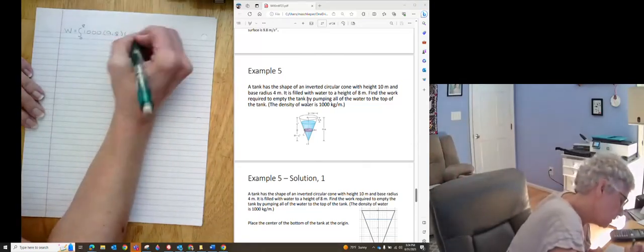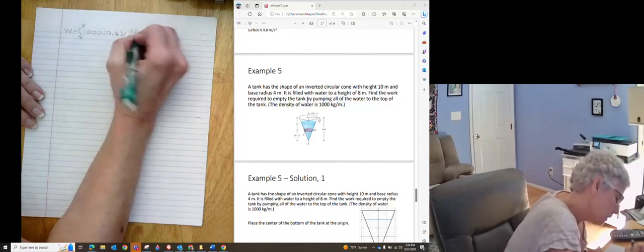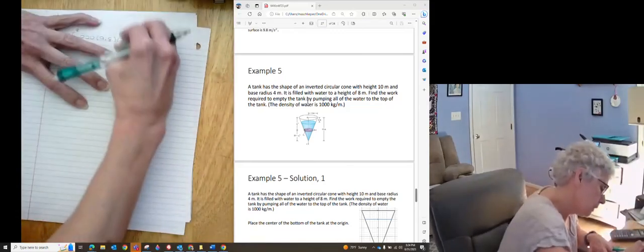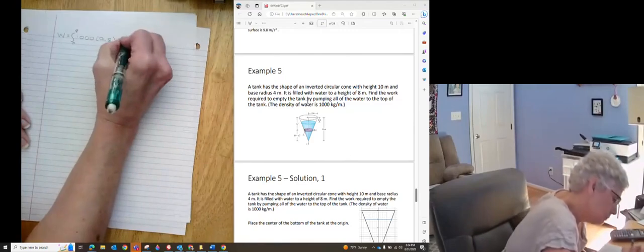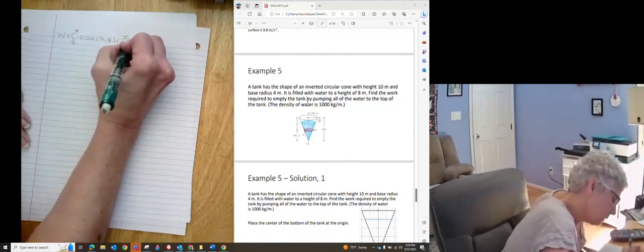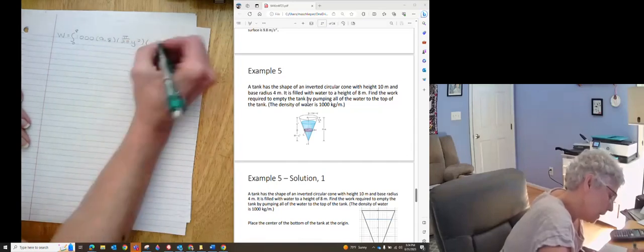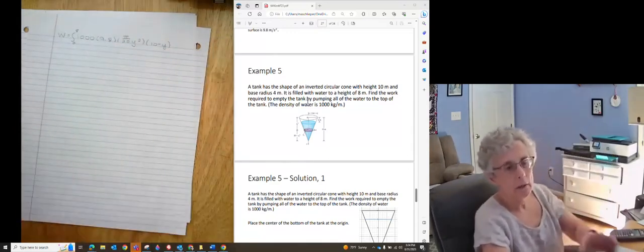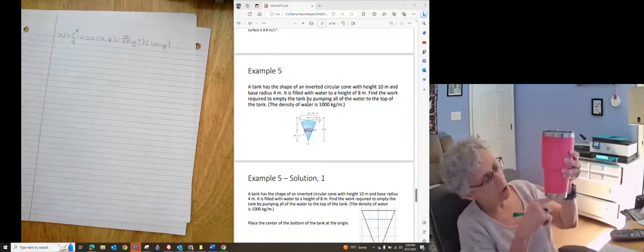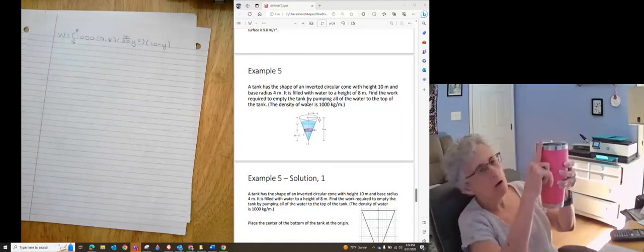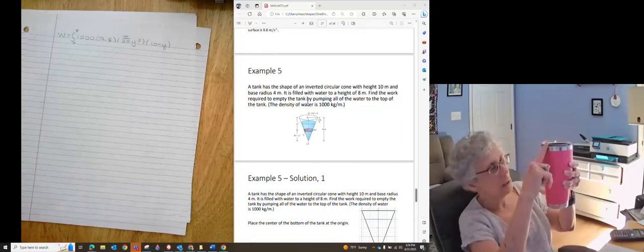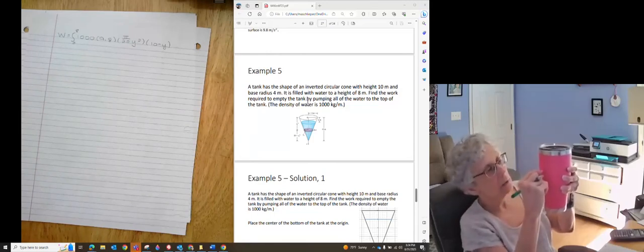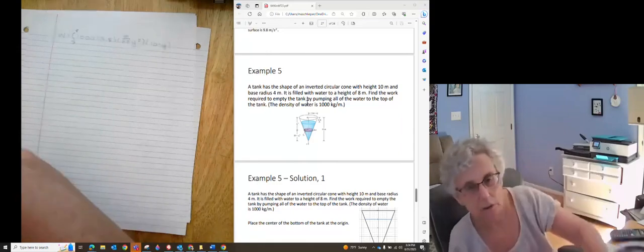So I'm going to write down my area, which was pi over 25 y squared. Put the right thing in the numerator and the right thing in the denominator. And then the distance is 10 minus y because the bottom part of my lemonade has to travel all the way to the tippy top of the tank. But we're assuming that the straw kind of follows it up, so this top one only has to travel to the top.